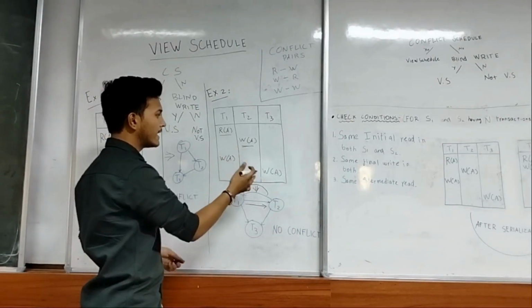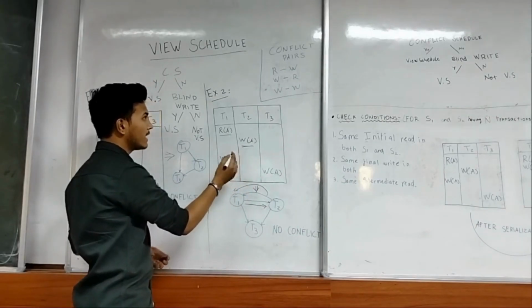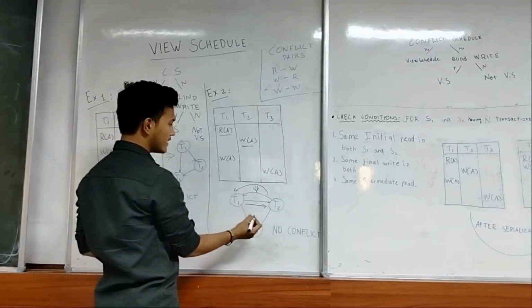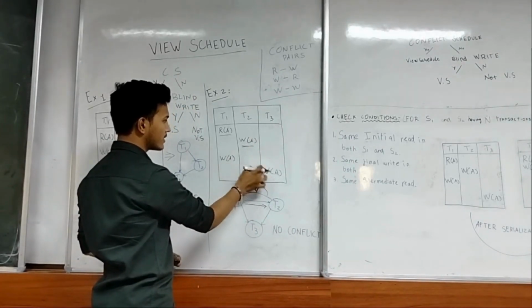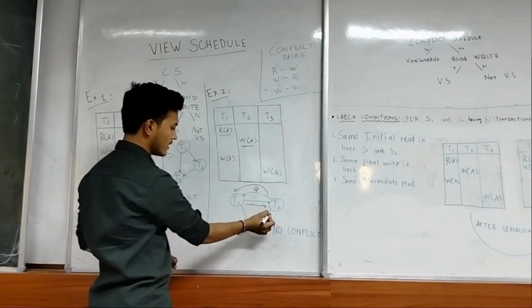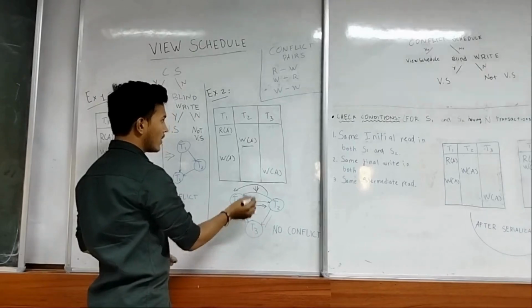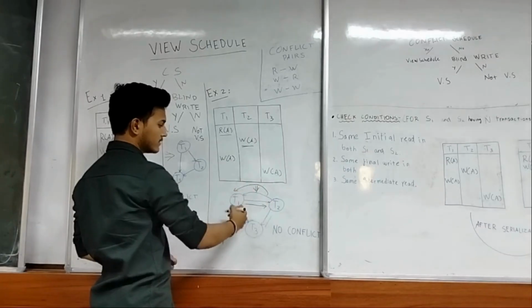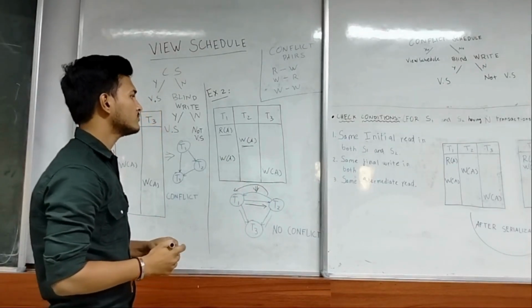There is no write and read operation, so we can skip that. And when there is a write and write operation, then we can add the arrow. So this is the write and write operation, and this is the write and write operation. So this arrow and this arrow, and this is also T1 to T2. This arrow is coming, therefore forming the loop.